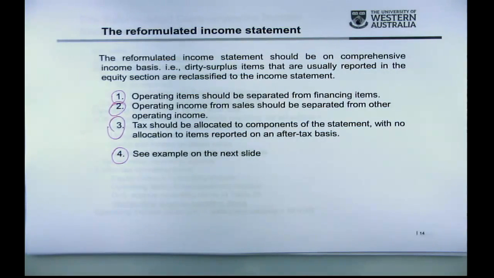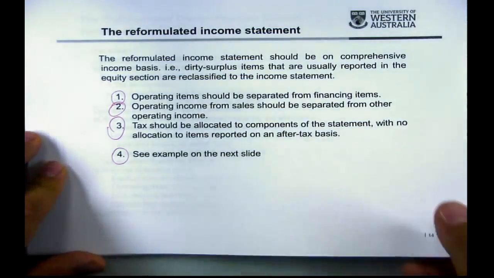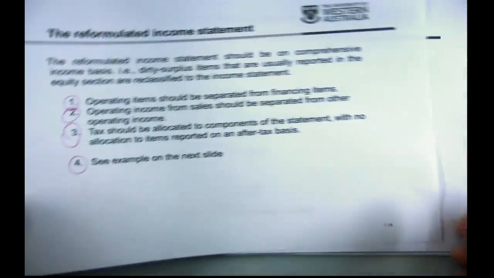Gains or losses reported under the equity section should be also reported under the income statement. So we have the full picture and also properly broken down or properly split or classified. Make sense? That will make it easier for you for the purpose of analysis and forecasting. Okay?